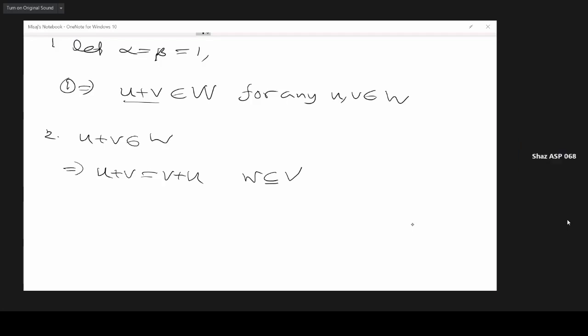U plus V. W is already a subset of V. V is a vector space. Right? Since V is a vector space, U plus V is in V. U plus V is in W as well.